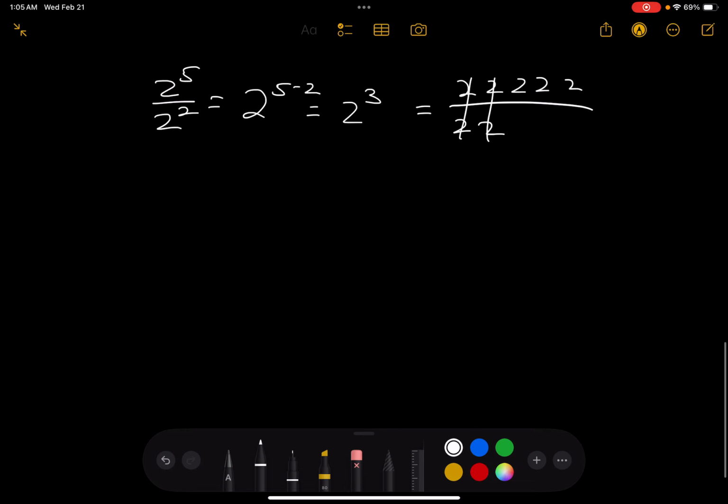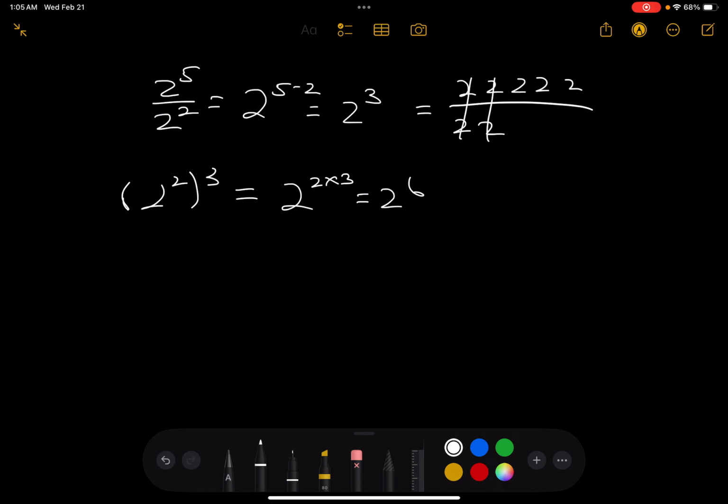Now we're going to go through the power rule. What if we had 2 to the second power to the third? When you have a power to a power, what you do is you multiply the powers. This is the same thing as 2 to the 2 times 3, which equals 2 to the 6.